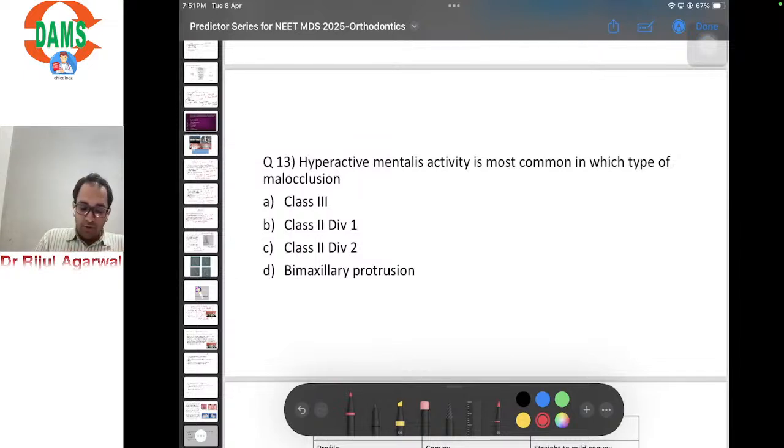Which malocclusion do we have? Proclined incisors, class 2 div 1. The uppers are proclined, leading to a large overjet, leading to a gap between the upper and lower lips, so the patient has to forcefully close the lips to achieve proper lip seal. So hyperactive mentalis is common in class 2 div 1.